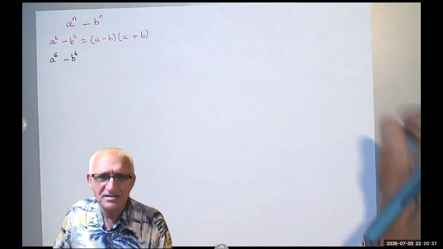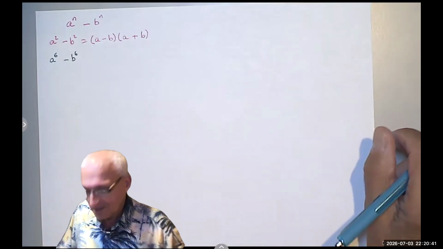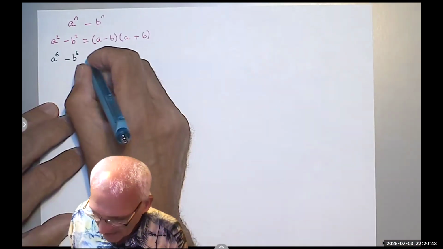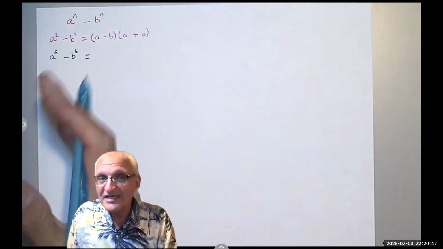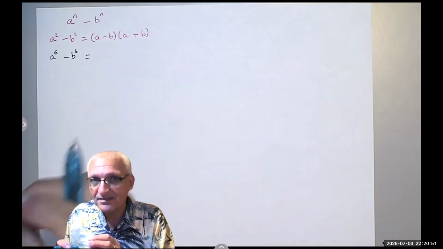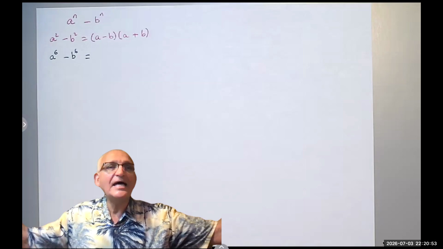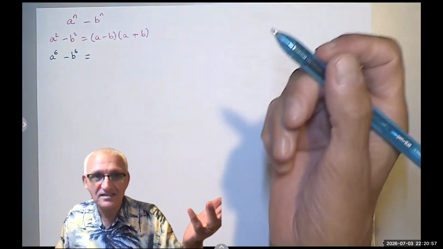And you say, oh my God, 6? That's too much, right? No, it's not. You will see that we are following a specific pattern that you can expand to any power. If that was 60, not 6, you still can do it very easily.